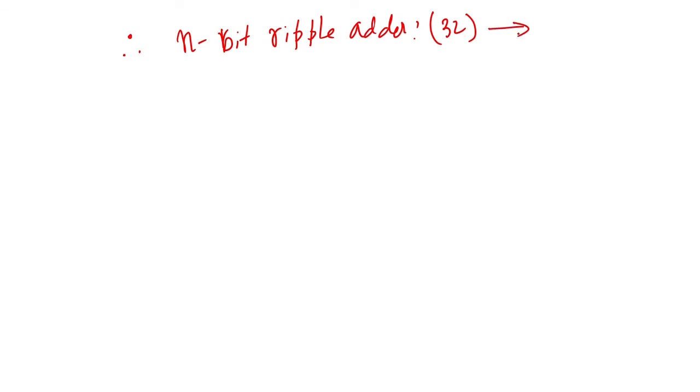Okay. So, what is the summary? If we use an n-bit ripple carry adder, for a 32-bit adder it is coming 63 for carry and for sum it is coming 64.